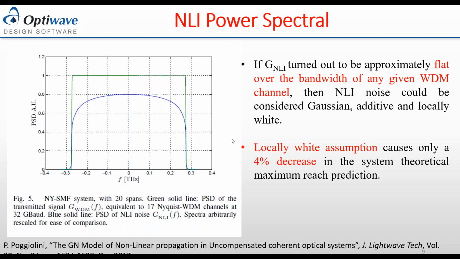The assumption that it's flat for each channel, which is not exactly true, causes about a 4% decrease in the system's theoretical maximum reach prediction. The paper by this group has a detailed analysis of the effects of variation from the assumptions we showed earlier, and you may refer to it. At the end of this presentation, there are also a few references from this group about this work.